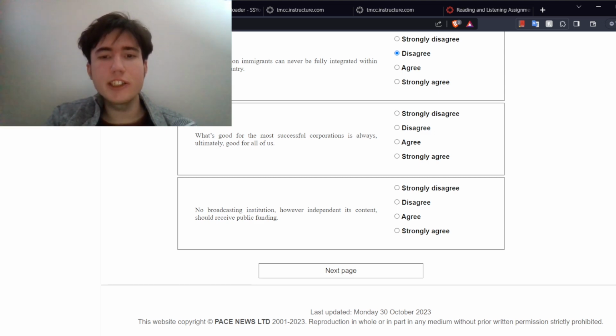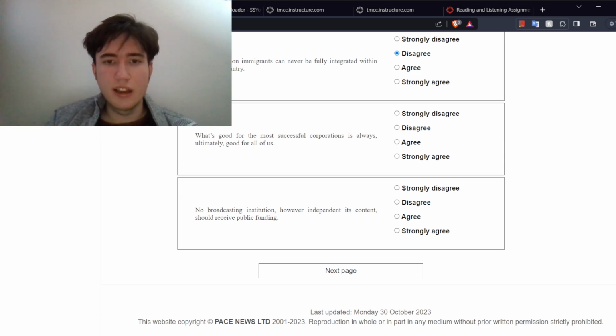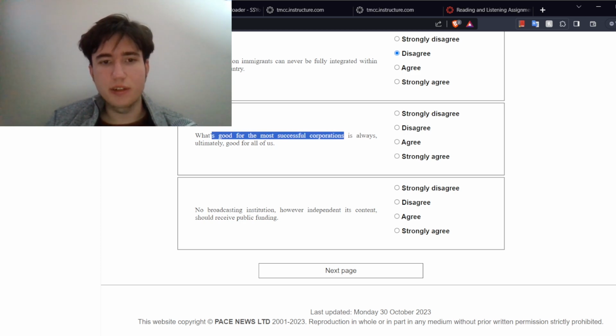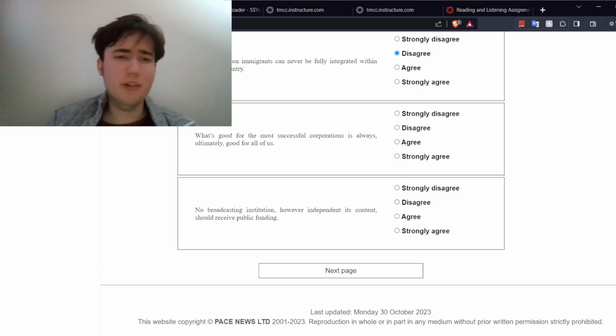Like, he's acknowledging that that's not even a premise or a dichotomy that everyone agrees with. So, I mean, what's good for the most successful corporations? I'm not convinced that corporations even know what's good for them, honestly. I'm going to strongly disagree with this, of course.